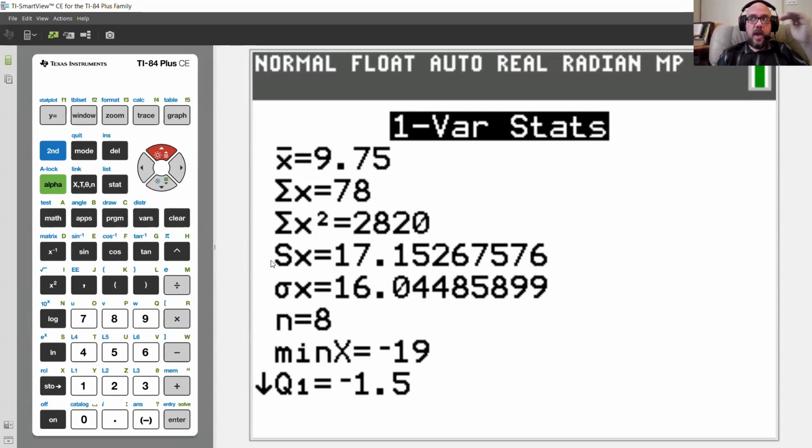Again, if you have the data for it, it's probably a sample and not a population. So almost certainly this is the one that you want, 17.15. Very occasionally, we will actually put an entire population into the calculator and we would want this one, but almost always S is the one that you're looking for.